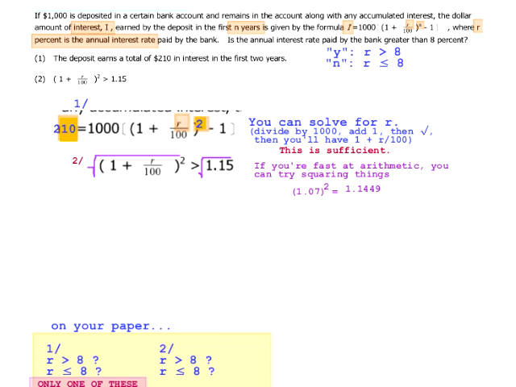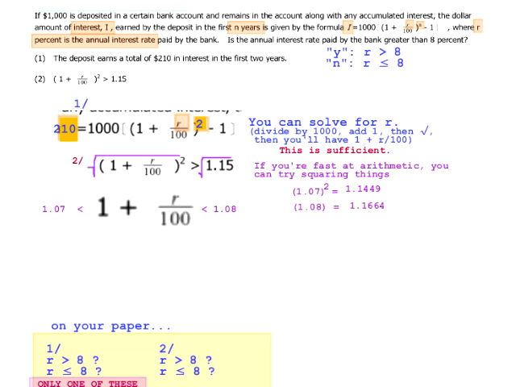And if you square 1.08, I'm doing this with a calculator, but you could do it on paper, so 6.4. So I know this is going to be somewhere between 1.07 and 1.08, just by squaring numbers.